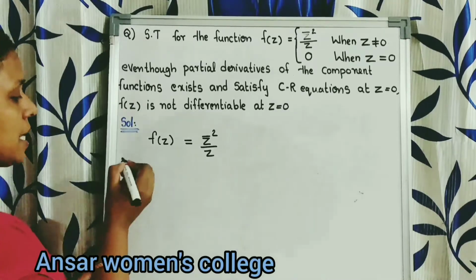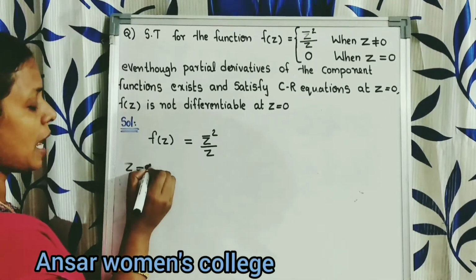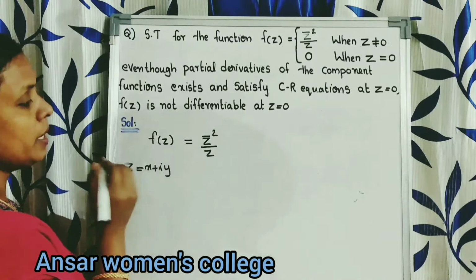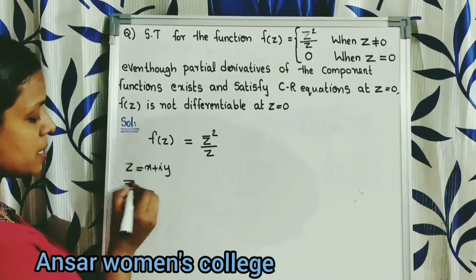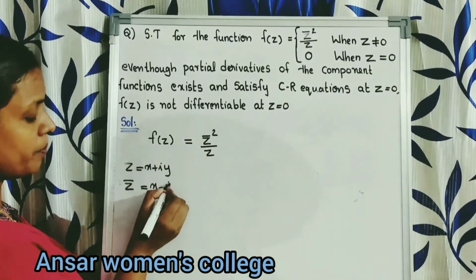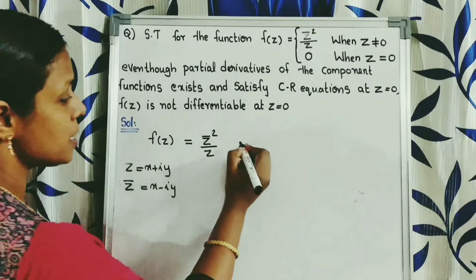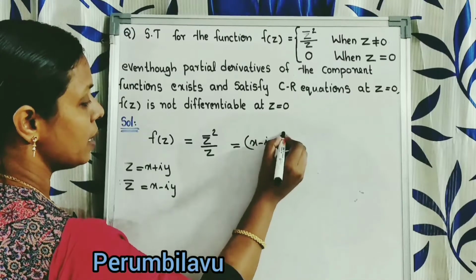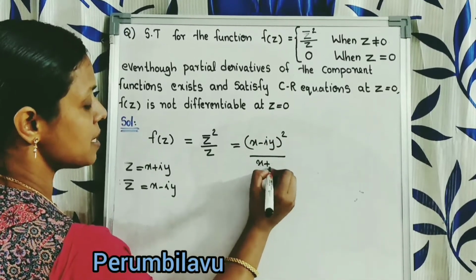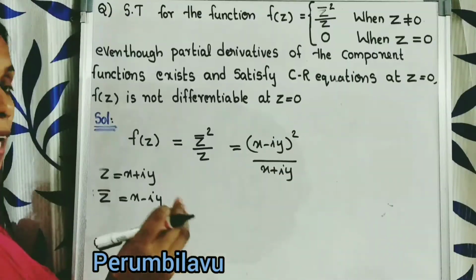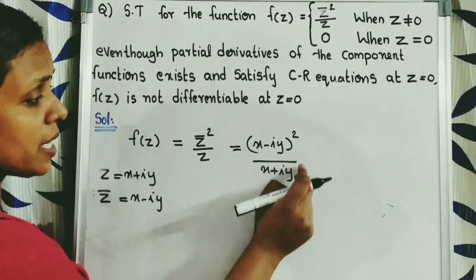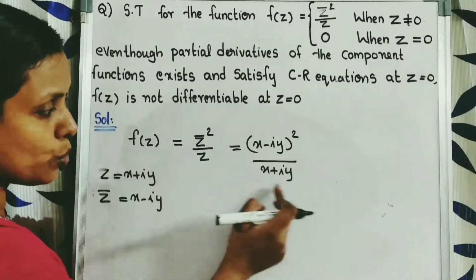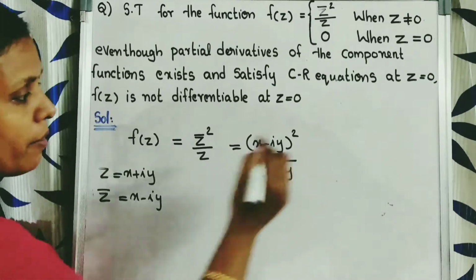Given that f of z is equal to z conjugate square divided by z when z is not equal to 0, put z equal to x plus iy. Here z conjugate can be written as x minus iy. Putting this value, we get (x minus iy) whole square divided by (x plus iy). Next, we multiply numerator and denominator by the conjugate, that is x minus iy.